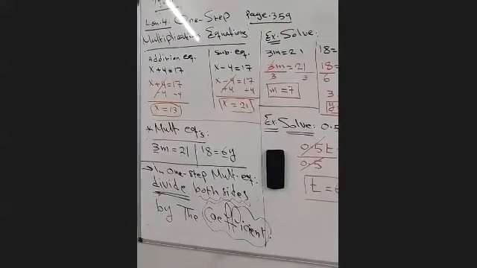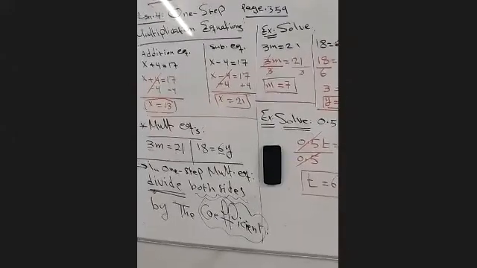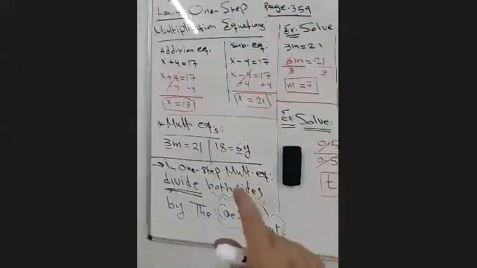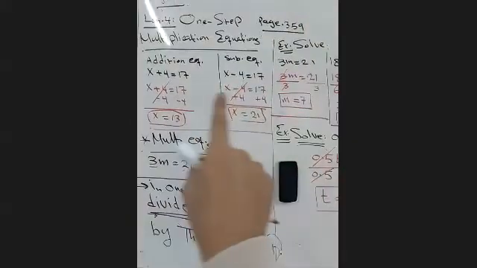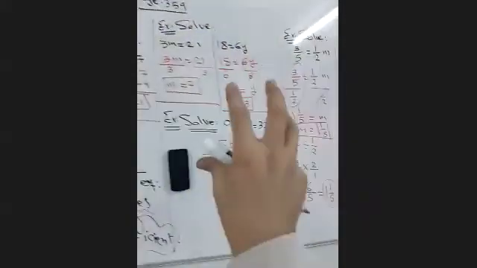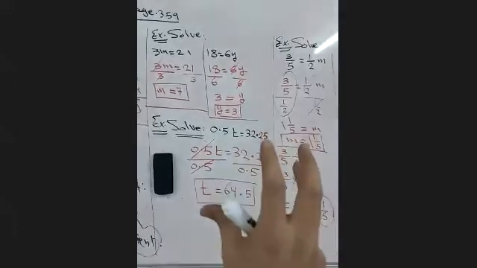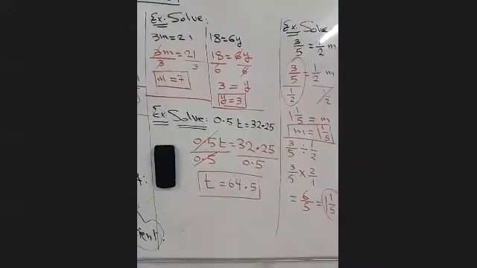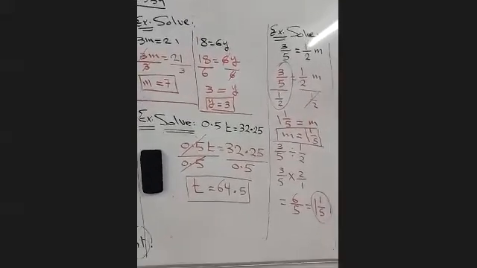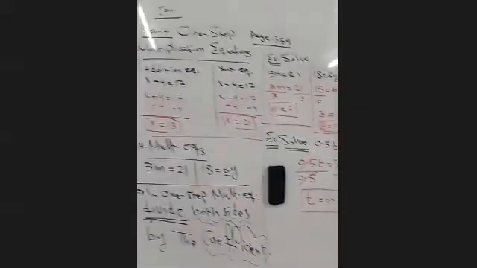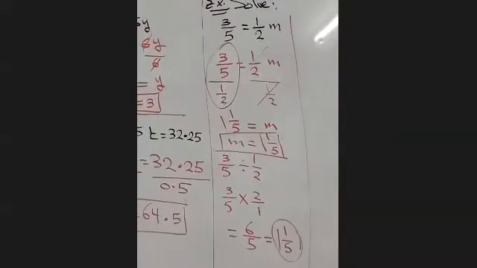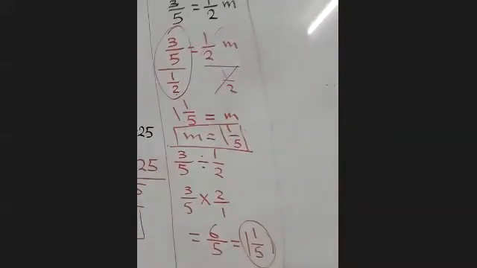Watch the video again. Copy these examples, copy the idea, copy this note, copy the revision examples, and solve them. Copy them in your copybook or your extra papers, whatever you have. So this is the one-step multiplication equation. Hope you understand it. Let's go to our book now.